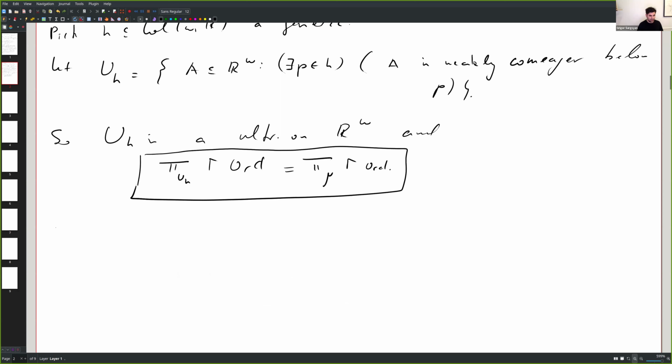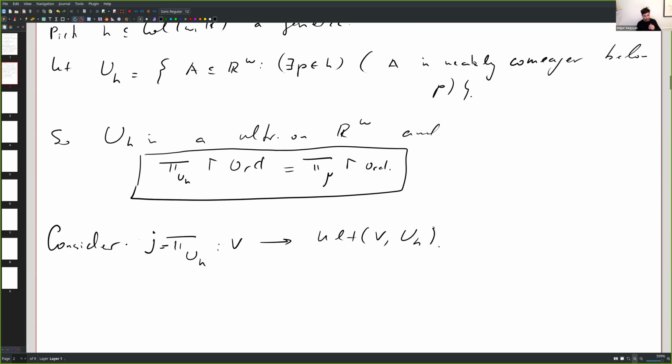So now consider pi_{U_H}, which is an ultrapower embedding from V into Ult(V, U_H). So I'm going to call this j. Let's call this j.